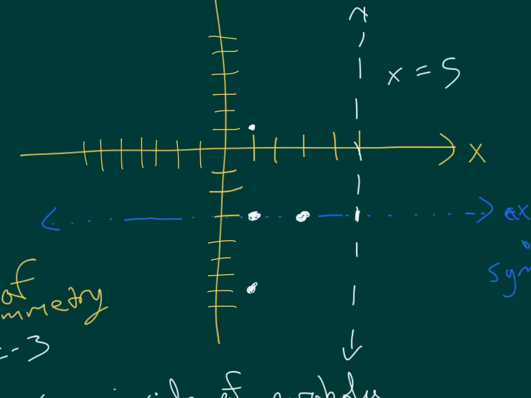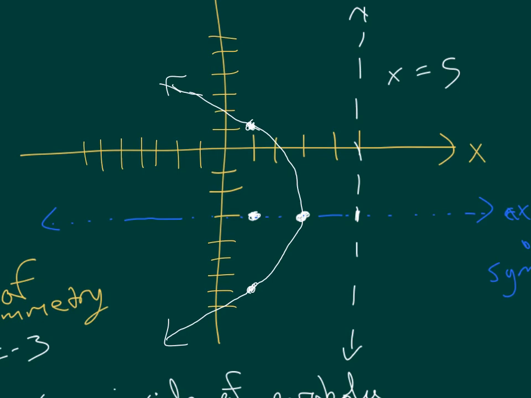Cool, and we can now draw our parabola. It looks something like this. This is just a sketch. Remember, if you wanted to find better parabola, you could just try to get some more points. There you go. That's good enough for that.